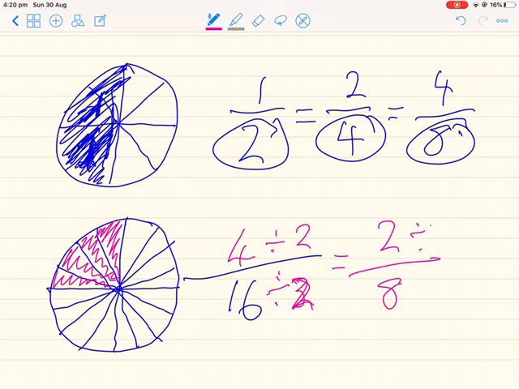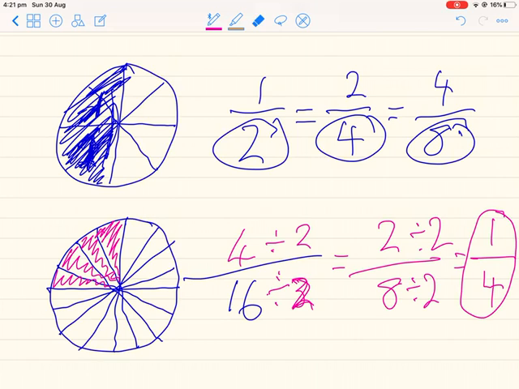I can divide those two by 2 again because they're both even numbers. 2 divided by 2 is 1, and 8 divided by 2 is 4. My simplified fraction, my lowest denominator fraction that represents that same amount, is 1/4.